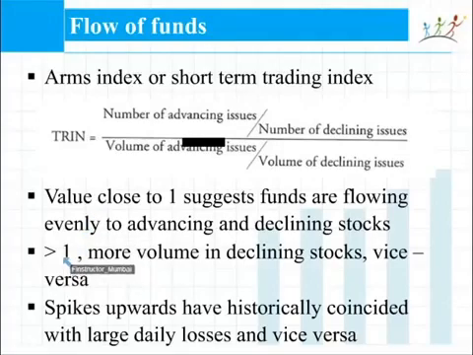If the number is greater than 1 or significantly higher than 1, that means more volume or more funds are flowing into declining issues, and less volume is in advancing issues. Volume means number of shares.